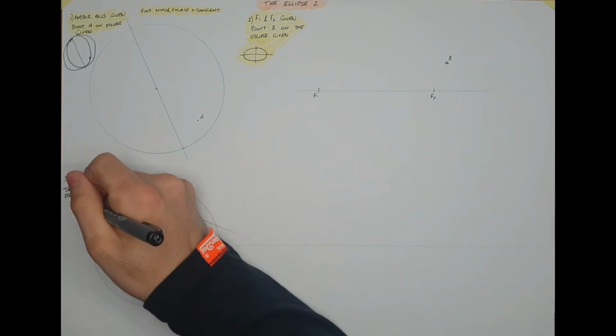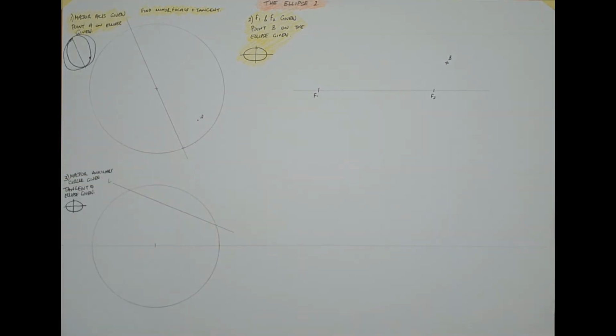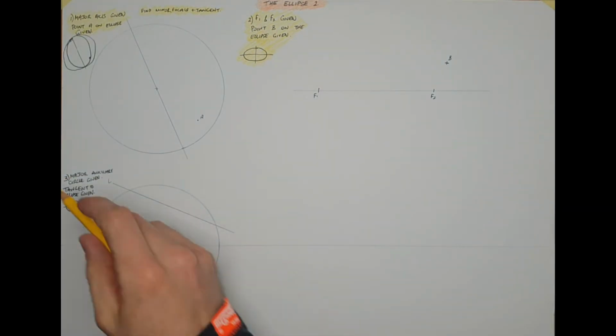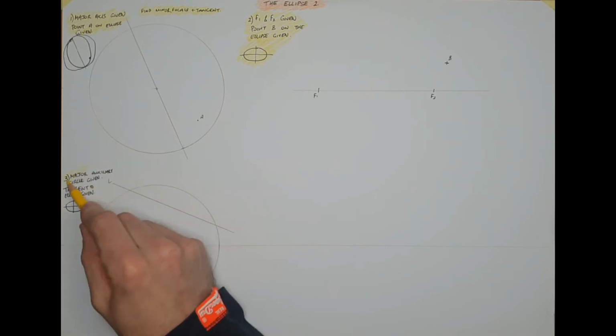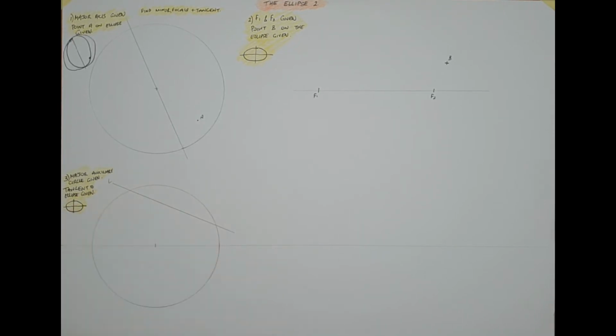And what type of an ellipse is this? It's a horizontally orientated ellipse, just like that right there. Now, there's the question. The major auxiliary circle is given, and a tangent to the ellipse is given, and it's a horizontally orientated ellipse.